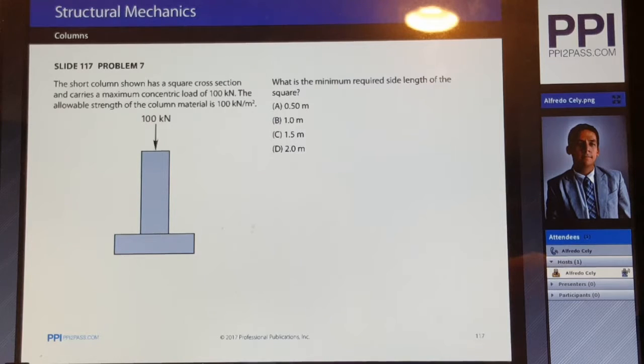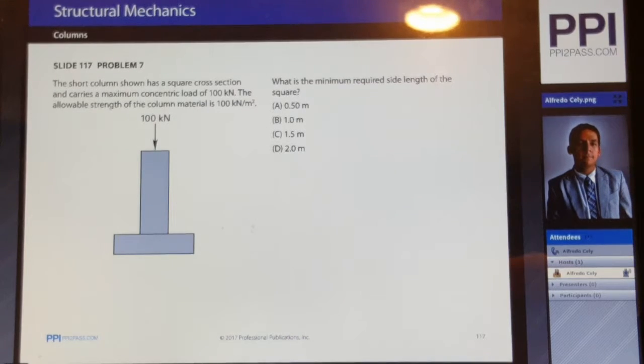So here we have problem number 7 of our structural mechanics lesson. So let's put to practice the concepts that we have reviewed so far. The short column shown has a square cross-section and carries a maximum concentric load of 100 kilonewtons. The allowable strength of the column material is 100 kilonewtons per square meter.